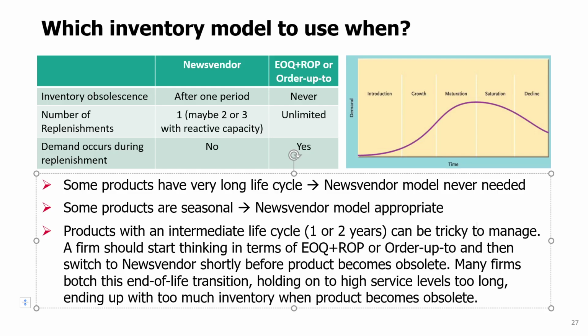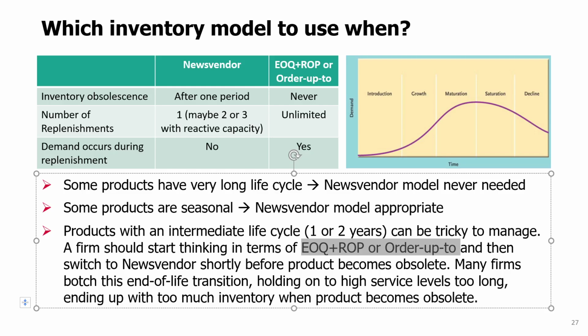The old version becomes obsolete and cannot be sold, at least cannot be sold at full price. In this case, if you have a product sold for some time and it doesn't become obsolete for this short time, you should be using one of those two models, EOQ ROP or order up to model, depending on whether you can use continuous review or periodic review.